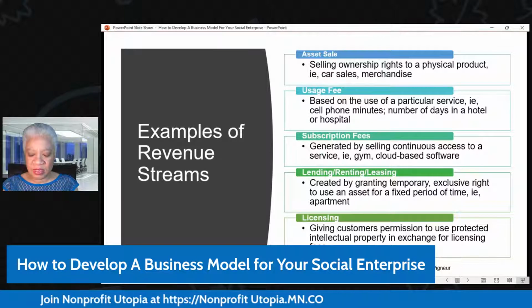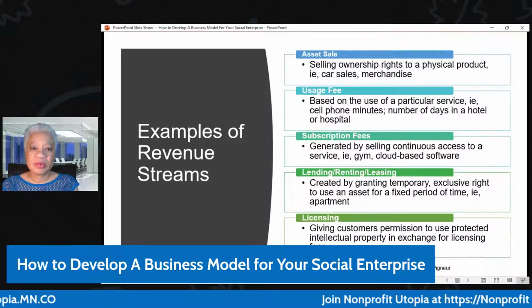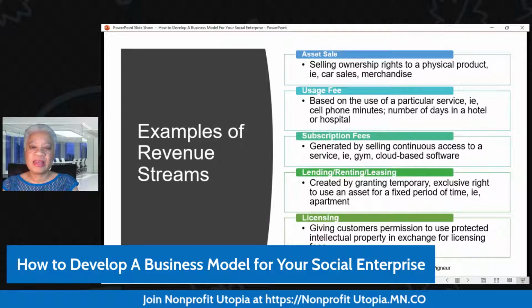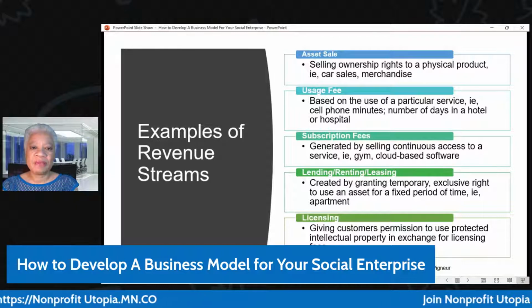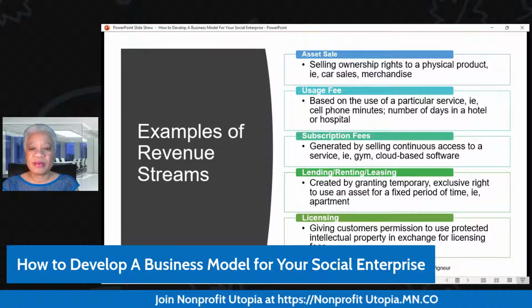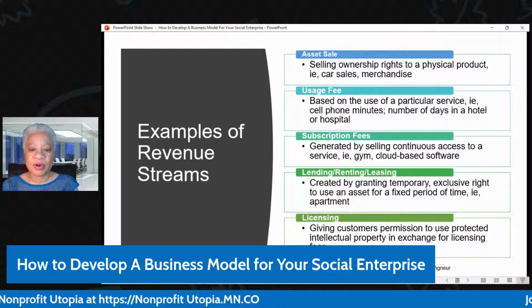So that could also include days in a hospital, days in a hotel. You have subscription fees, and that is basically a way of selling continuous access to a product or service, right? So you can subscribe to a community, you can subscribe to a magazine, and lending and renting, that's pretty self-explanatory, right?